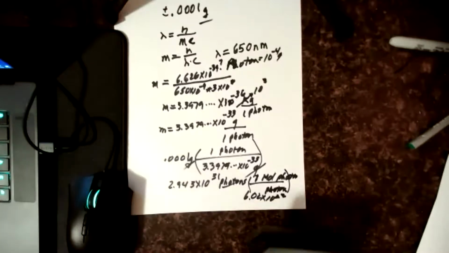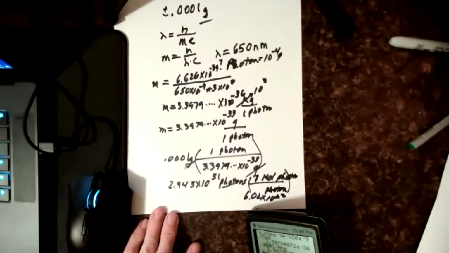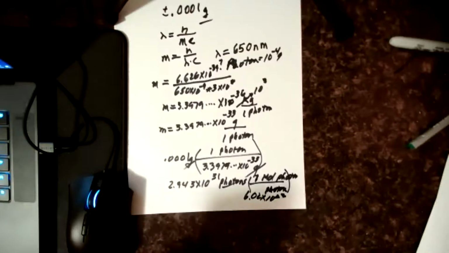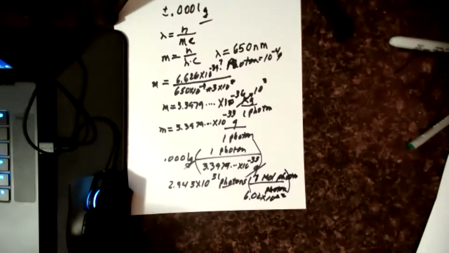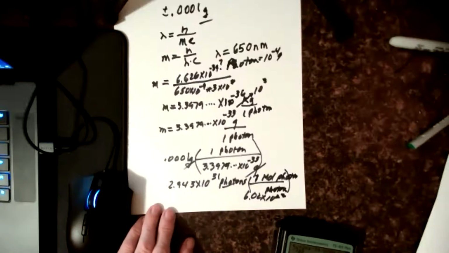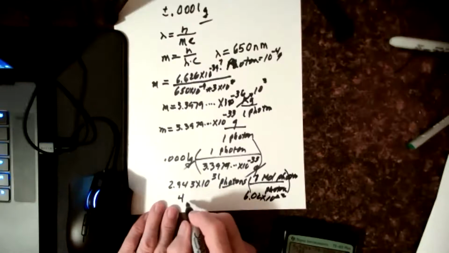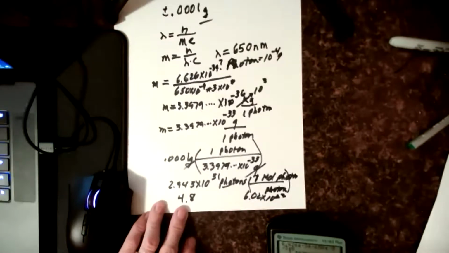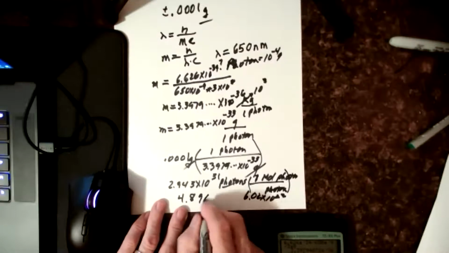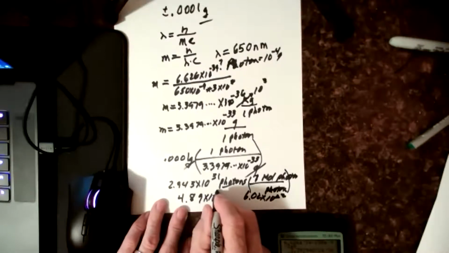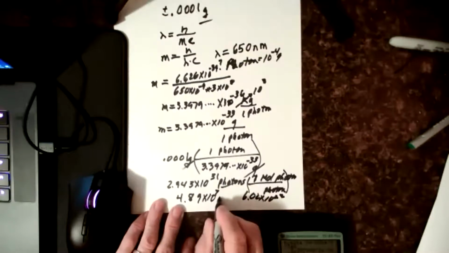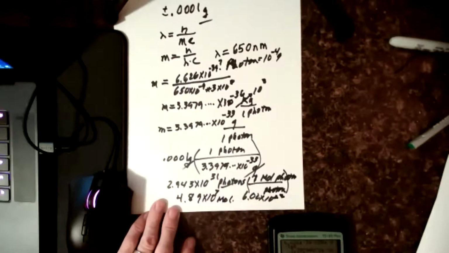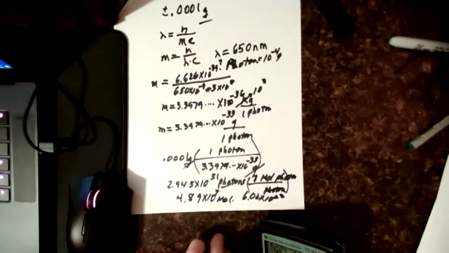And I've come out with a number like 4.89 times 10 to the 7th moles of photons. I think that's right.